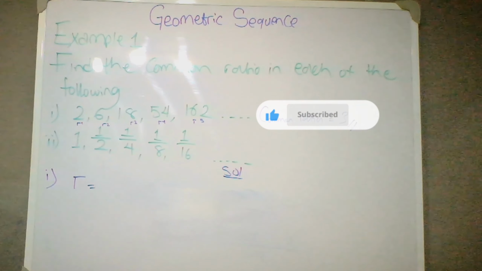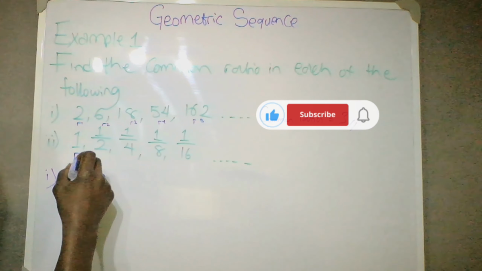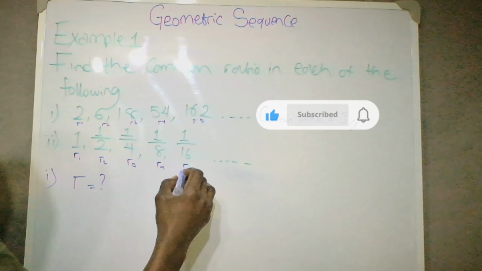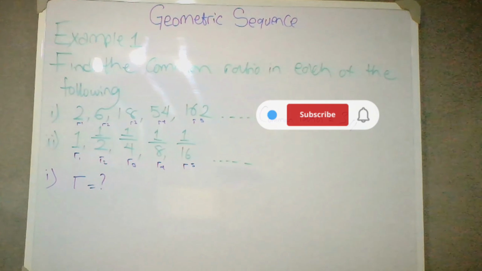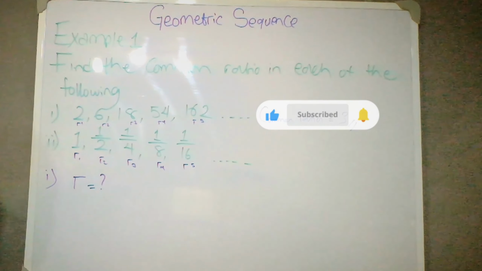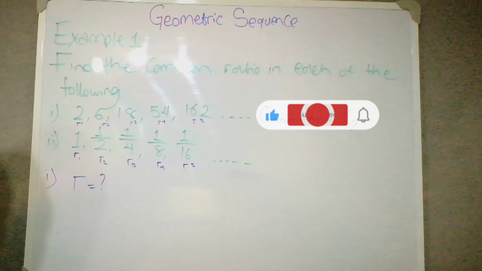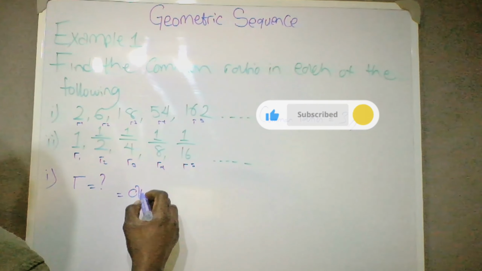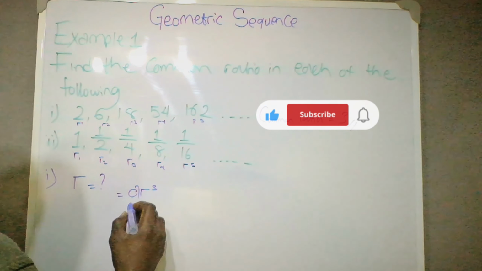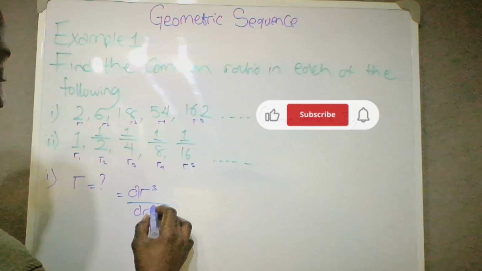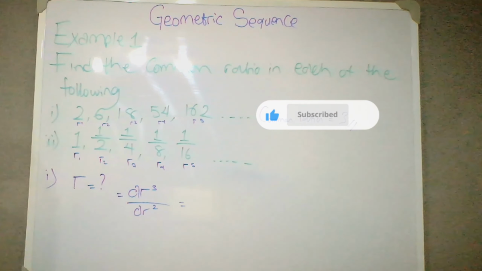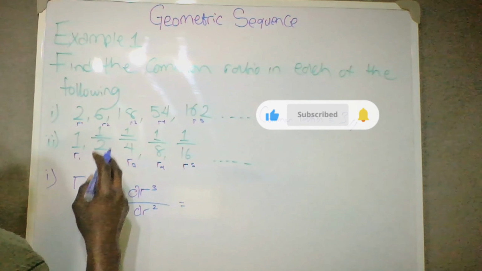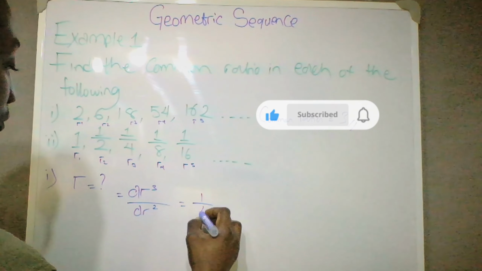So we can just attempt the second question. Let's label this as well: R1, R2, R3, R4, and R5. Let's do AR raised to power 3 over AR raised to power 2. AR raised to power 3 is 1 over 4.